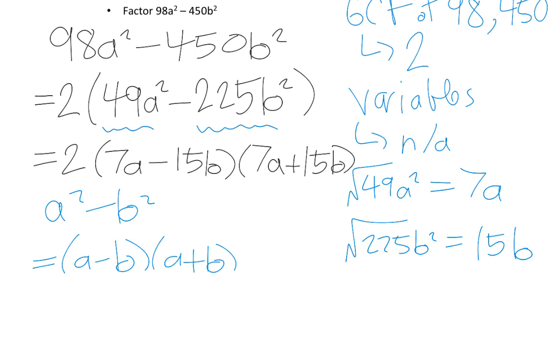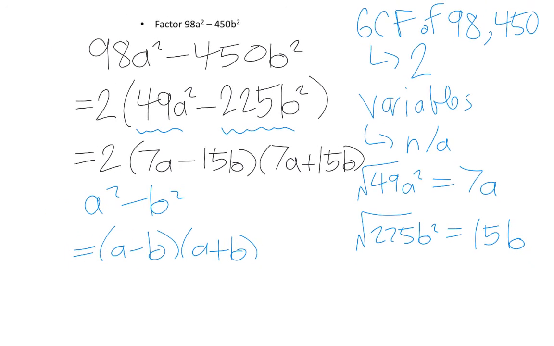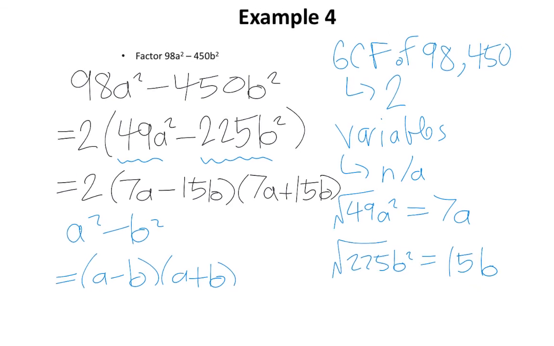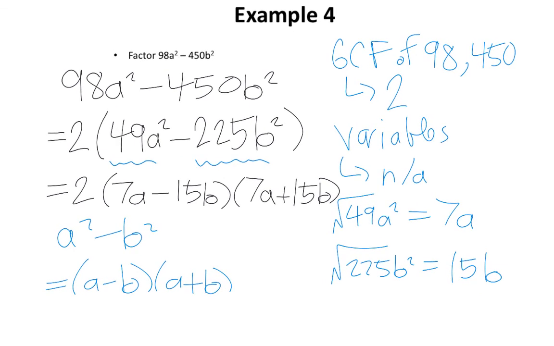And if you want, you can double check your work because (7a) squared is 49a squared and (15b) squared is 225b squared. So this is another way of factoring a difference of squares. The only difference between this example and the previous example is that you had to common factor out a number.